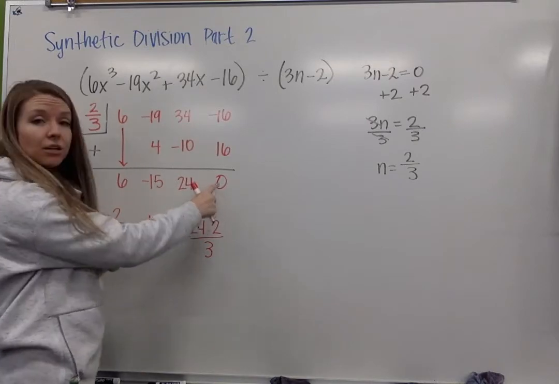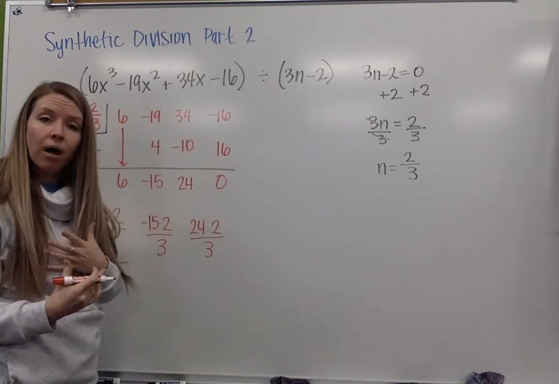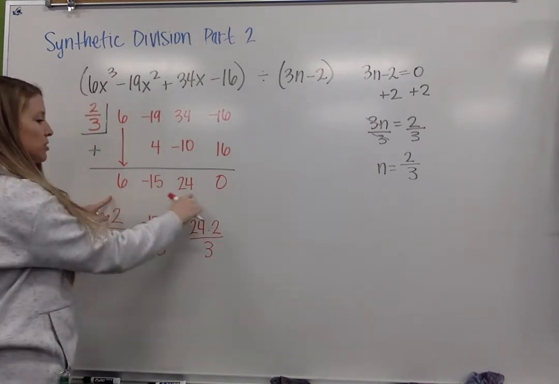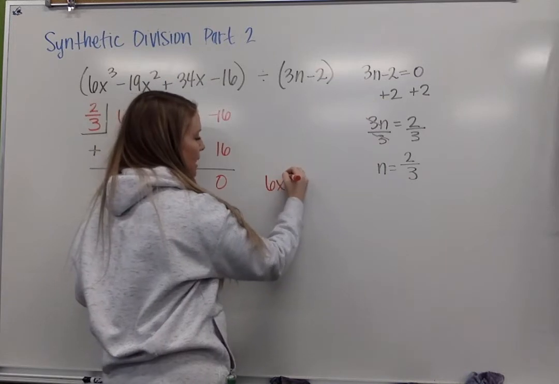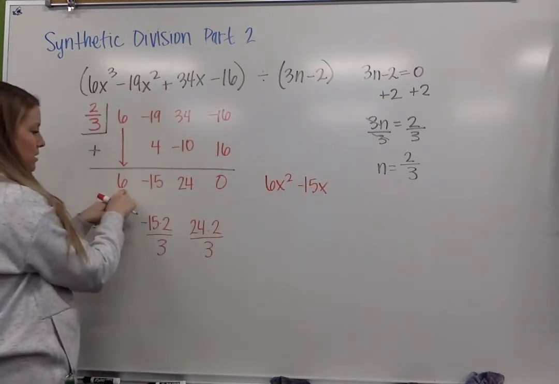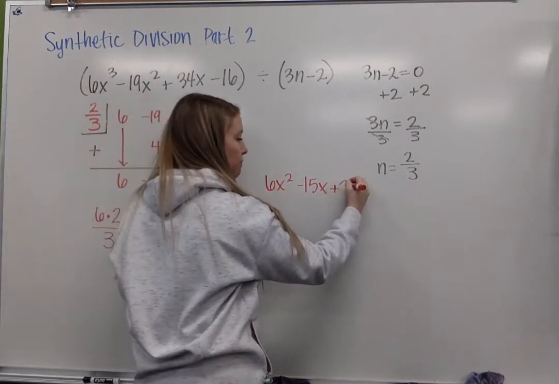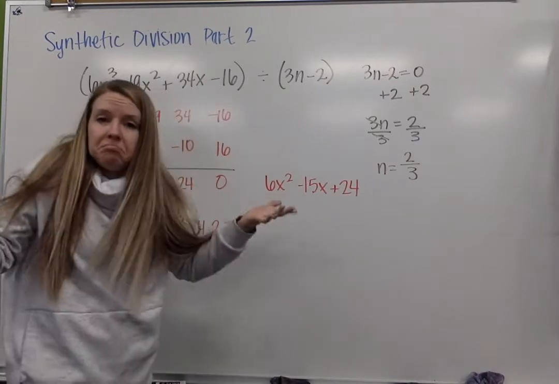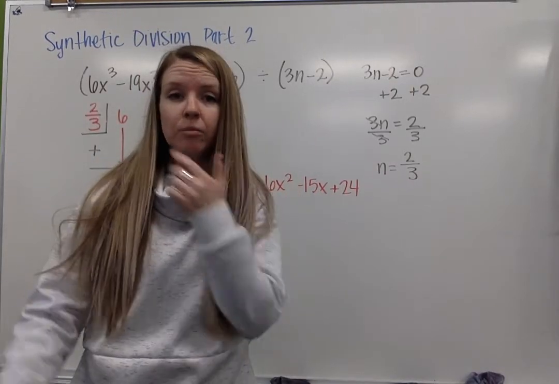Okay, we get a 0, so we know our 3n minus 2 is a factor of our polynomial, and our resulting answer here is going to be 6x squared minus 15x plus 24. Okay? Yeah, we're multiplying by a fraction. Not our favorite, not too terrible.